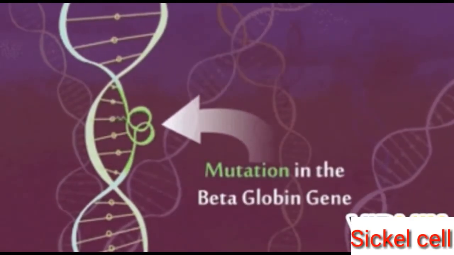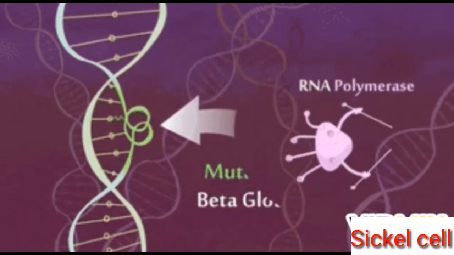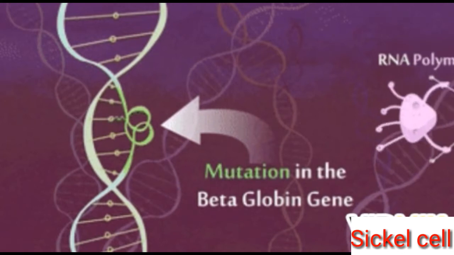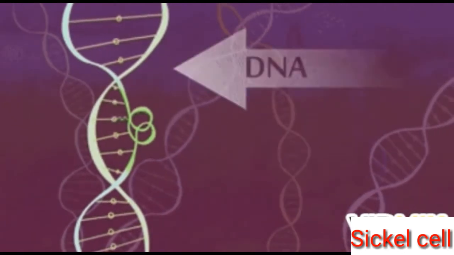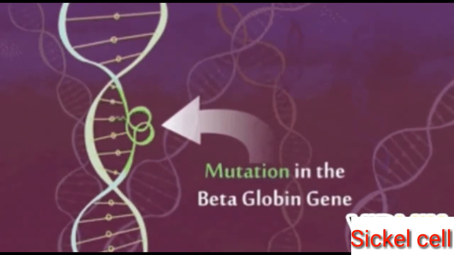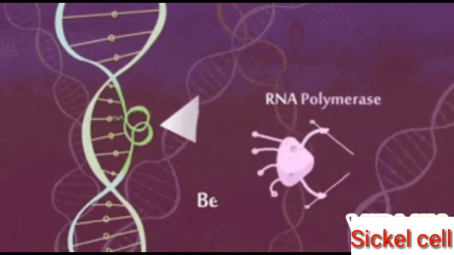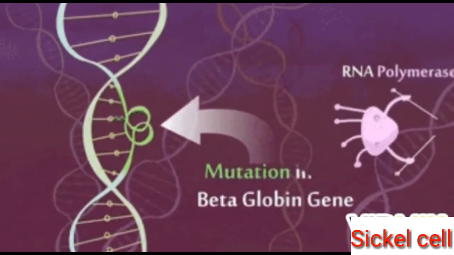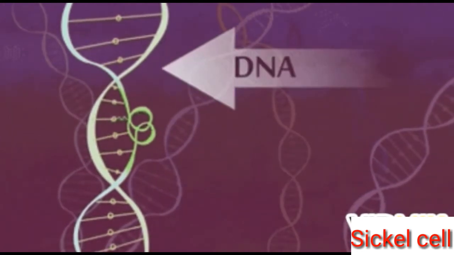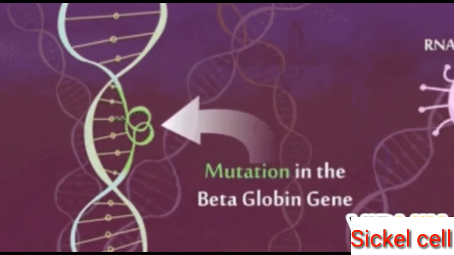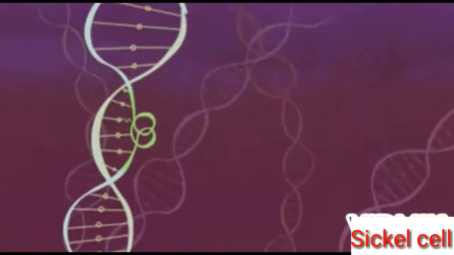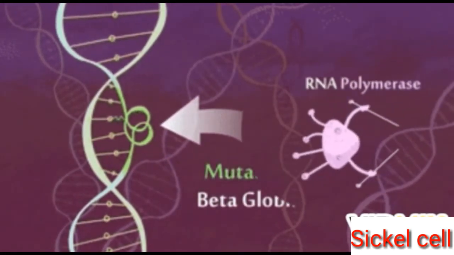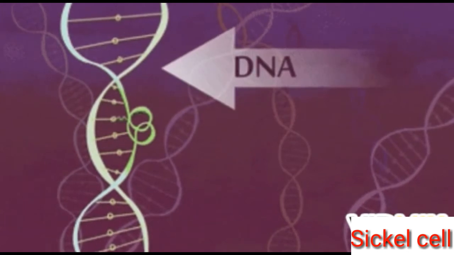Sickle cell disease is not contagious, so you can't catch it from someone else or pass it to another person like a cold or infection. People with sickle cell disease have it because they inherited two sickle cell genes, one from each parent. In some types of sickle cell disease, people can inherit a sickle cell gene from one parent and a different abnormal hemoglobin gene from the other parent.